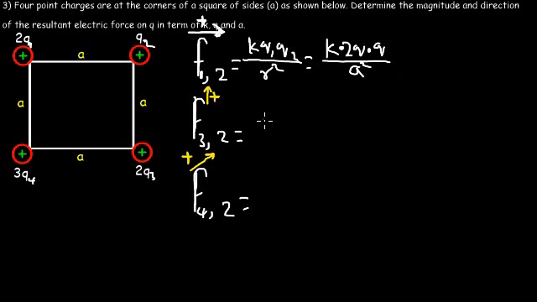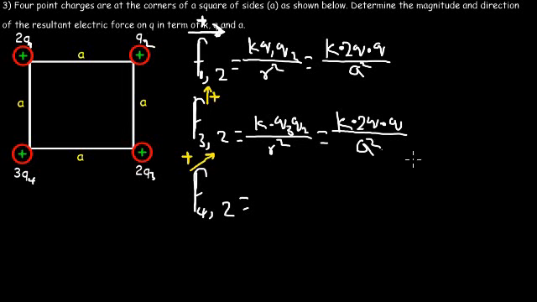And what about F sub 3, comma 2? That will be K times Q3 multiplied by Q2, all divided by r squared. The value of Q3 is 2Q, multiplied by Q2, which is Q, divided by r, which is a, squared.